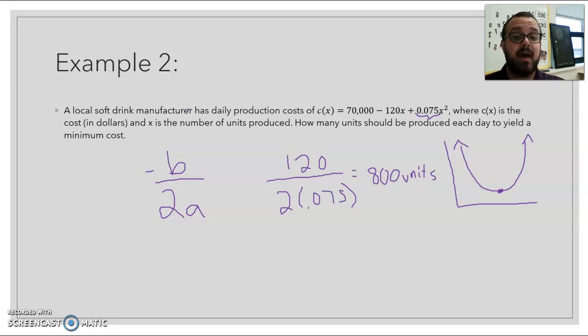But then after a certain amount, you're going to be spending a lot more on materials and on stuff that you might not end up selling, right? So as a soft drink manufacturer, 800 units might be the most you're able to sell at a profit. Once you start going over 800, you may not be able to sell those soft drinks anymore, and now it's just costing you more than what you're earning back through your sales, okay?